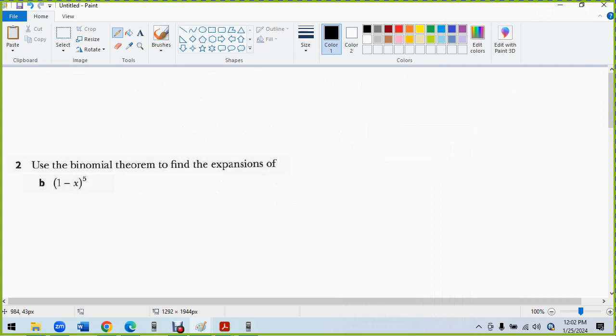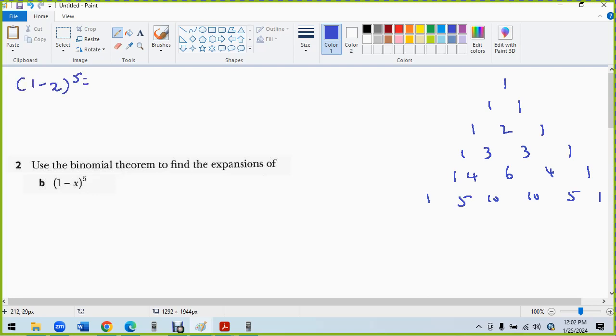Okay, so for this question, power 5. So if we use the Pascal triangle, we have the 1, 1, 1, 1, 1, 2, 1, 1, 3, 3, 1, 1, 4, 6, 4, 1, and 1, 5, 10, 10, 5, 1. So if we use the Pascal triangle, 1 minus x to the power of 5 will be 1, 5, 10, 10, 5, 1.